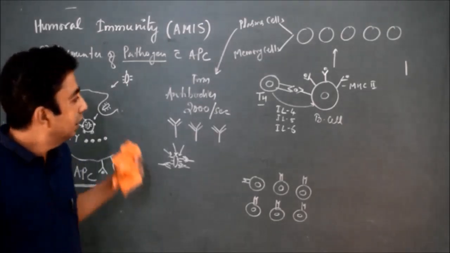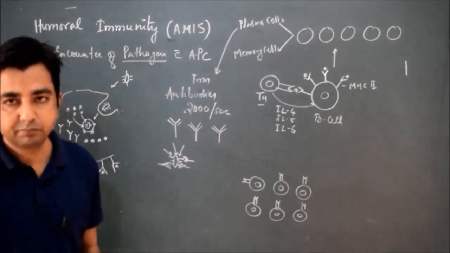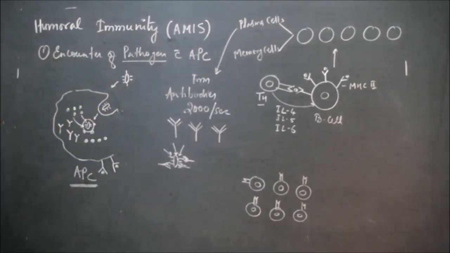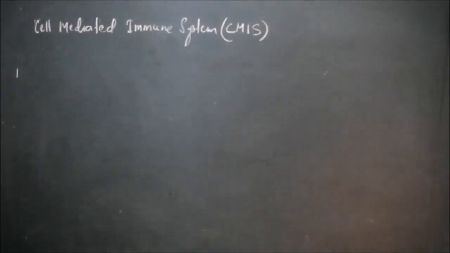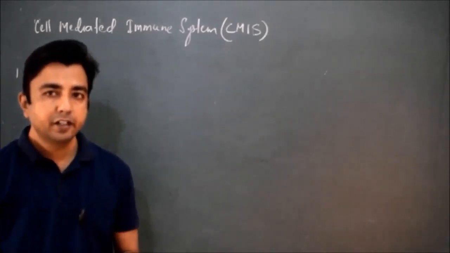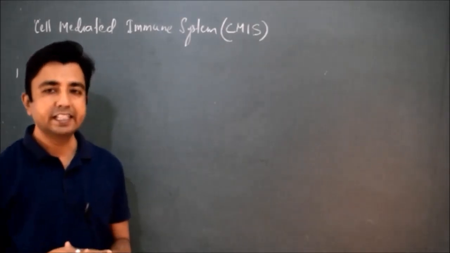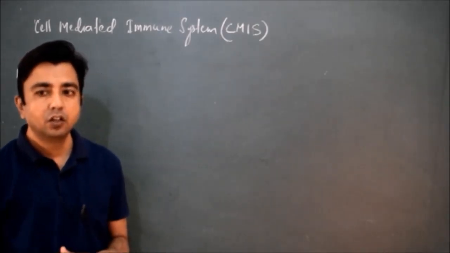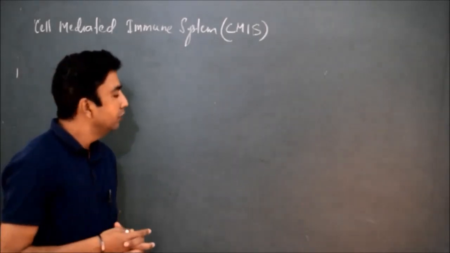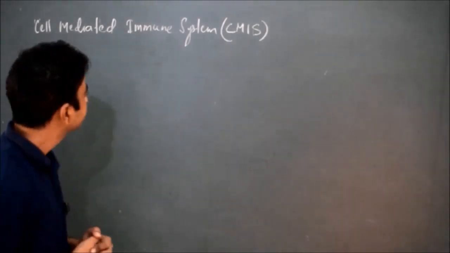Okay. Now next we will see cell-mediated immunity. The cell-mediated immune system, or CMIS, is associated with T cells only. Now we will see what happens in cell-mediated immunity.